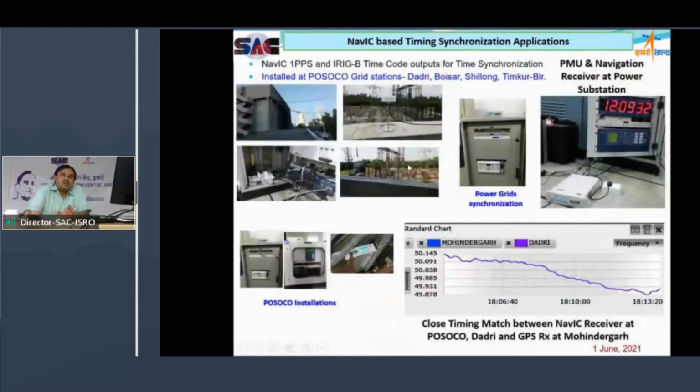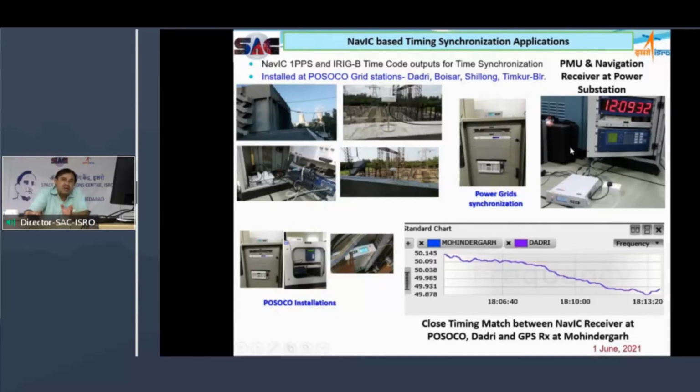This is how we have tested one of the systems at our power stations. All of you know power system frequency should not vary beyond 50 hertz plus or minus 0.5 hertz. If there is a deviation in the frequency of that sinusoidal power wave, then cascade tripping happens. To avoid such things, our power grid, because in wartime or any hostile situation the enemy will first attack your power stations to immobilize your power systems, right now is synchronized with the GPS system.